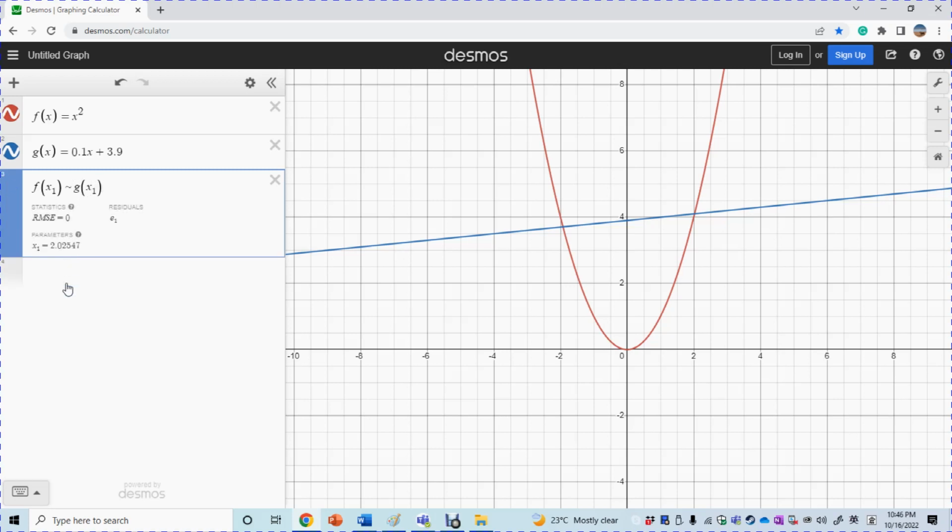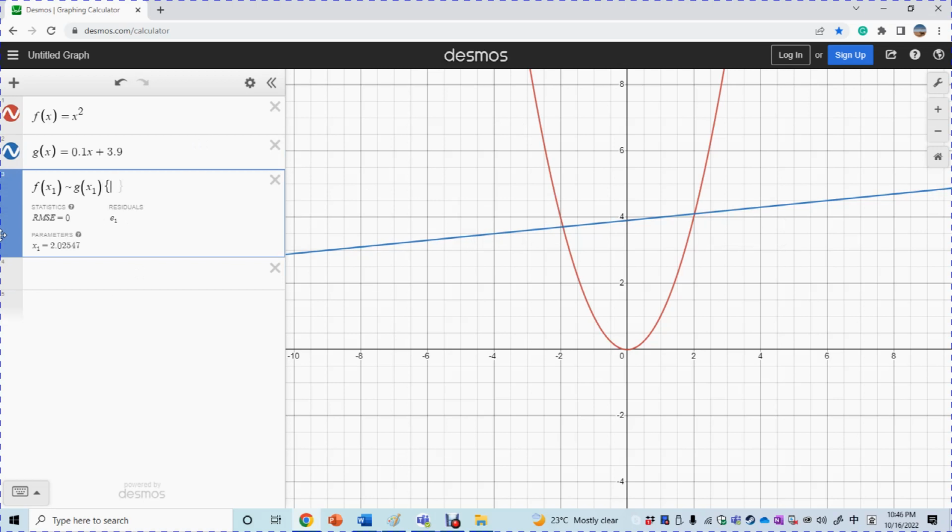Then it will show you immediately x1 equals one of the two values, which is 2.025. But how can we get Desmos to find the other one, minus 1.925? To do that, first you need to restrict your domain.